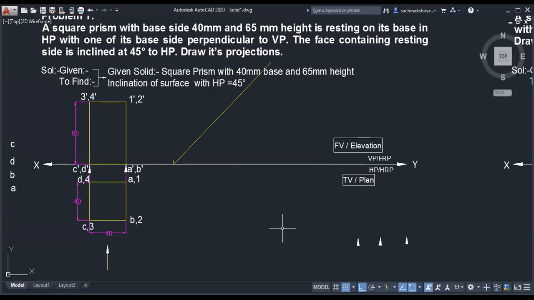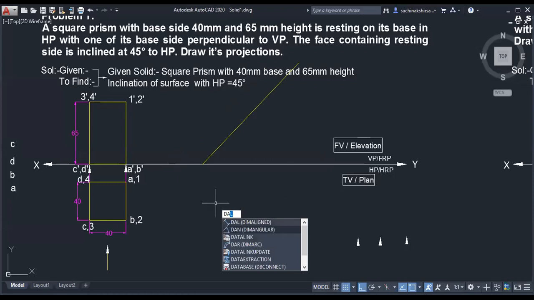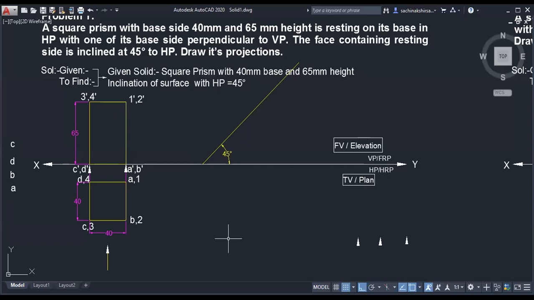Or I can draw it a little away. Same line I will take here. If I measure, how much is it making? 45.